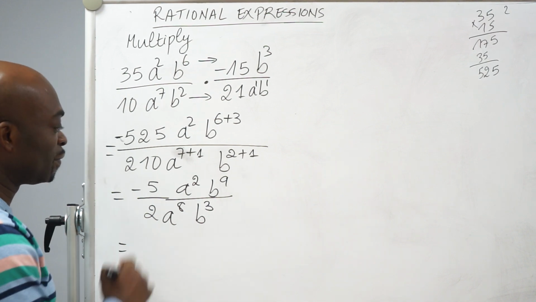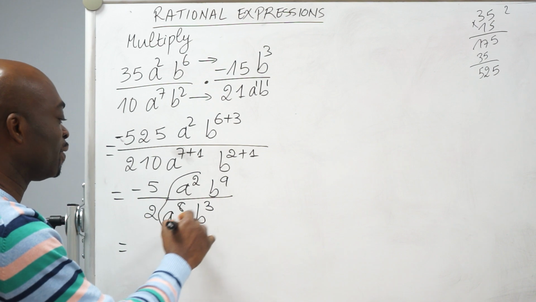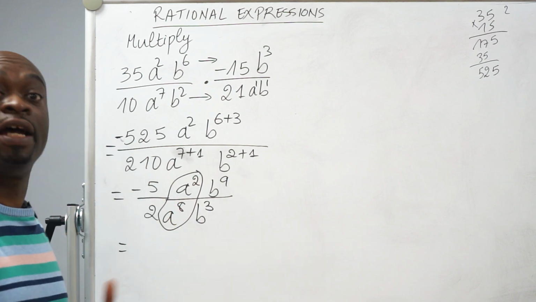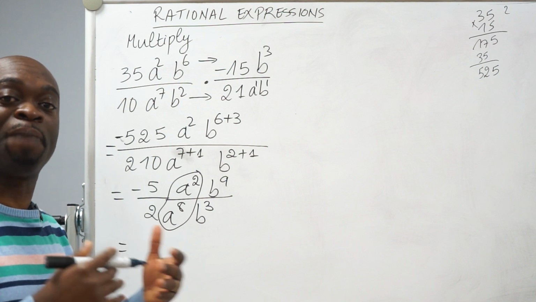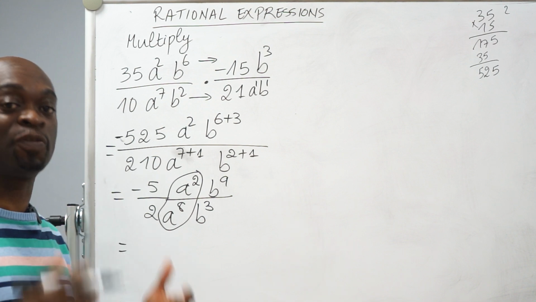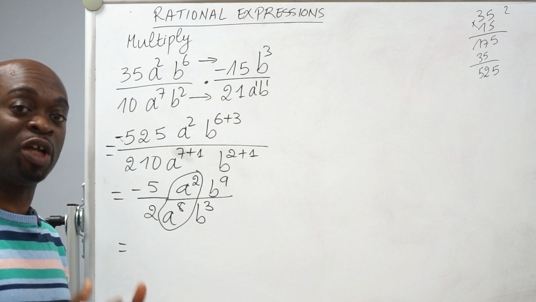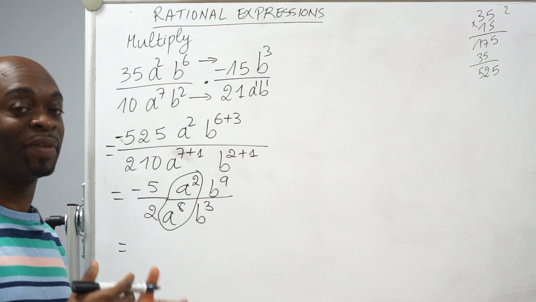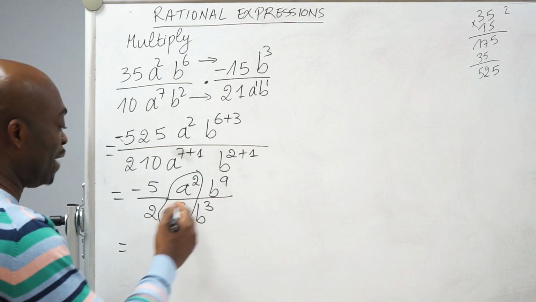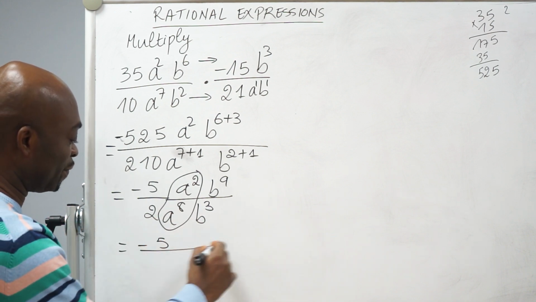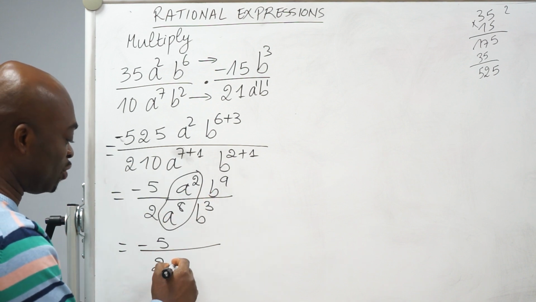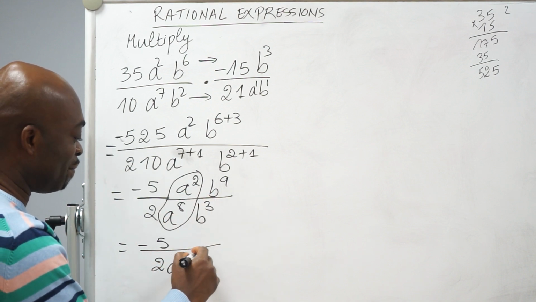Now we can work with this one here. When we divide, we move the lowest power to the largest power so that we always end up with a positive exponent. That's the reason why we do the lowest to the largest on this channel. Otherwise, you can do it however you know how, which is also fine. Here we have negative 5 still over 2. Lowest to the largest, so we have a to the 8 minus 2.